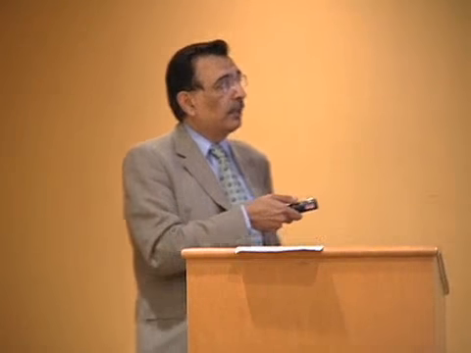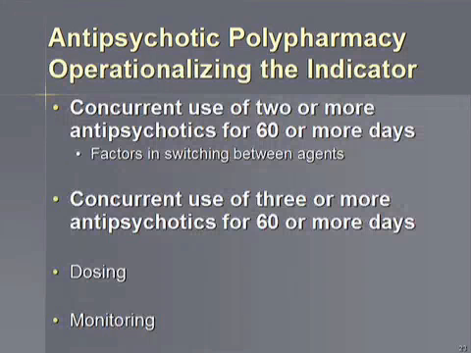Now, this is how we've operationalized it. Is this the way we want to retain its definition? Do we want to modify it? So concurrent use of two or more antipsychotics for 60 or more days, and a higher level of scrutiny for concurrent use of 3 or more antipsychotics for 60 or more days.